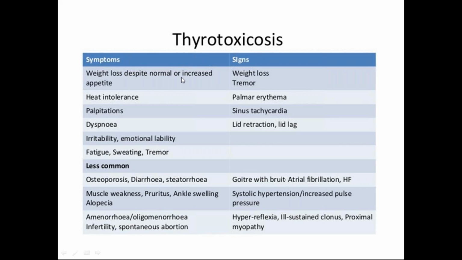Okay, so first we have already established that thyrotoxicosis is a state of thyroid hormone excess. When there is thyroid hormone excess in the body, we get a lot of signs and symptoms, because thyroid hormone is the hormone which regulates the basal metabolic rate in the body. If it is low, the basal metabolic rate is also decreased.